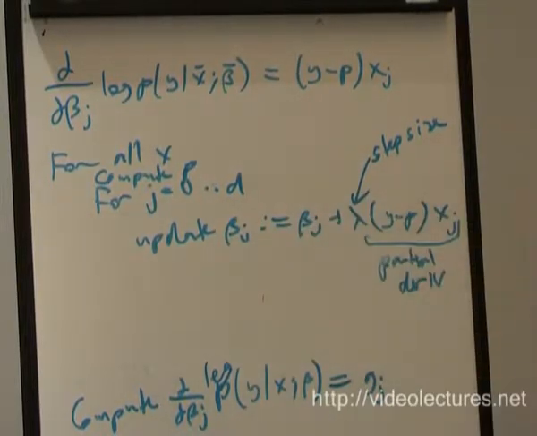After we've done this loop over the beta j's, we've finished learning from this example x, and we can move on and learn from the next example x.